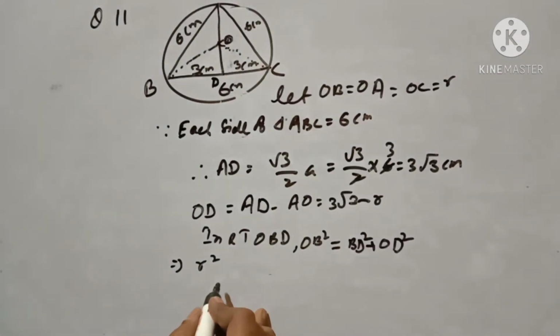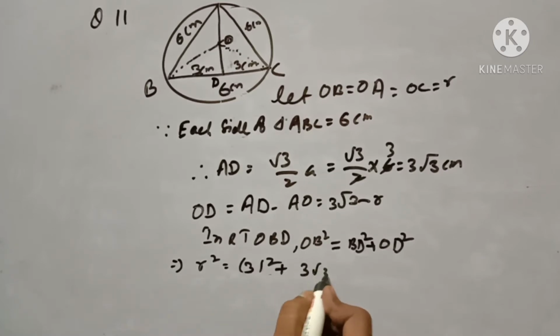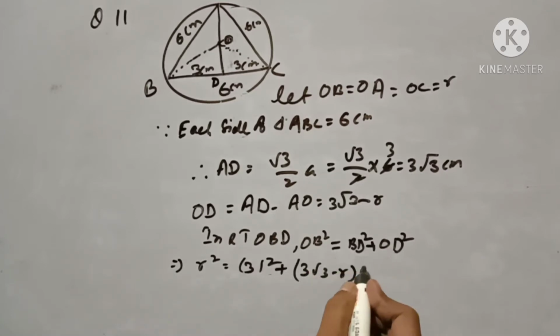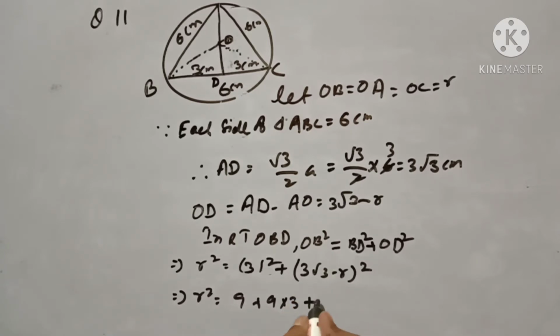So r square equals 3 whole square plus 3 root 3 minus r whole square, instead of OD. This implies r square equals 9 plus 9 into 3, because root 3 whole square, plus, because a minus b whole square is a square plus b square minus 2ab, so minus 2 into root 3 into r, I can write directly 6 root 3 r.